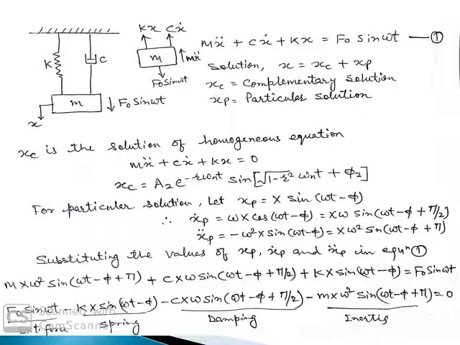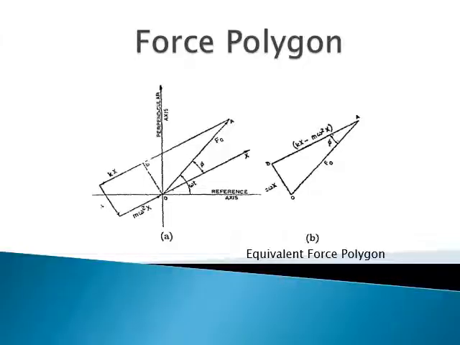Kx, the spring force, is at omega t minus phi. It is lagging F0 by phi angle. So F0 is lagging by phi angle.